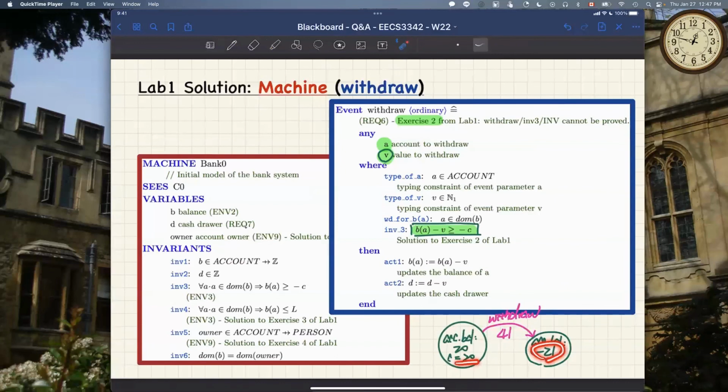It's actually smaller than that. So that will be a violation of the invariant. And the invariant we're talking about is exactly over here. That's why having this is so important to get right. So that's relevant to invariant number 3.